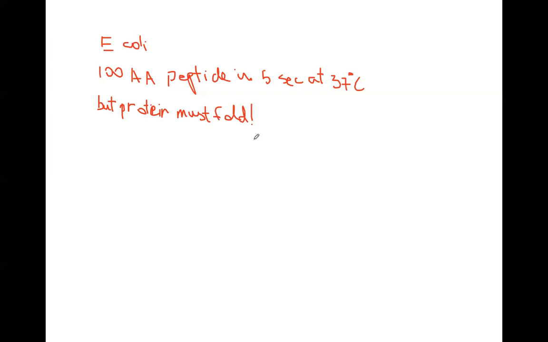So assume now, if you look at amino acid, each amino acid, if you look at all these single bonds, each amino acid can adopt 10 different conformations.